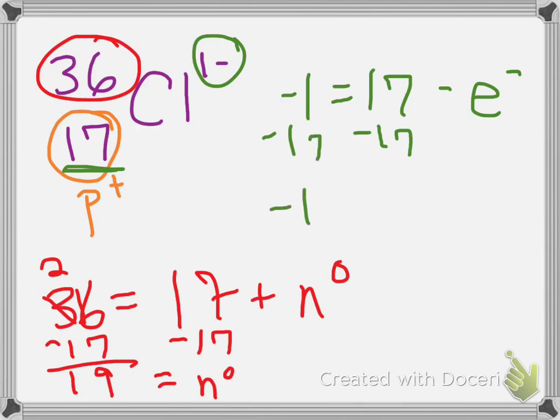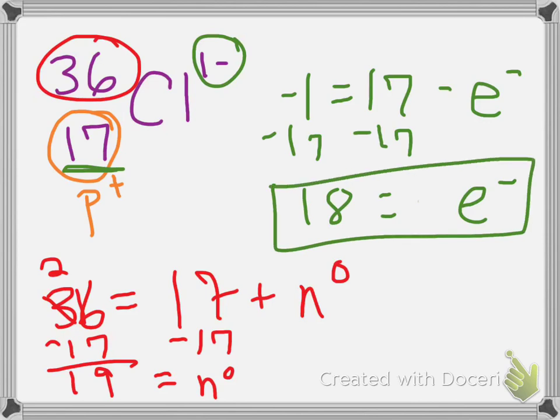And I get -18 equals negative electrons. So if I divide by a negative, cancel out my negatives on both sides. So I get 18 as my electrons. And so that's how you do that top chart.